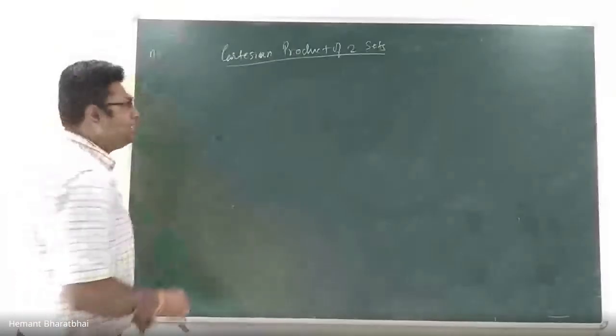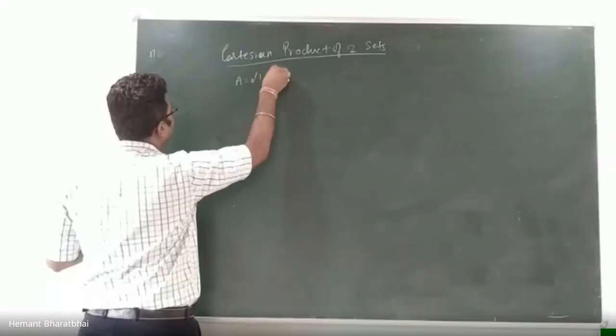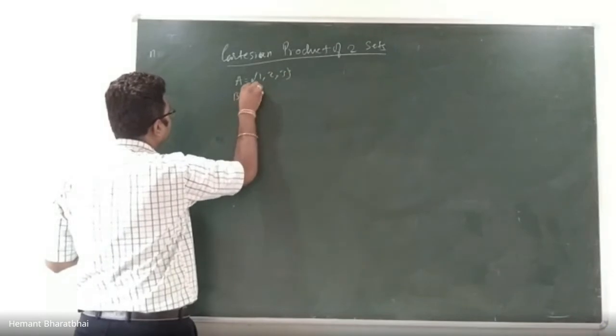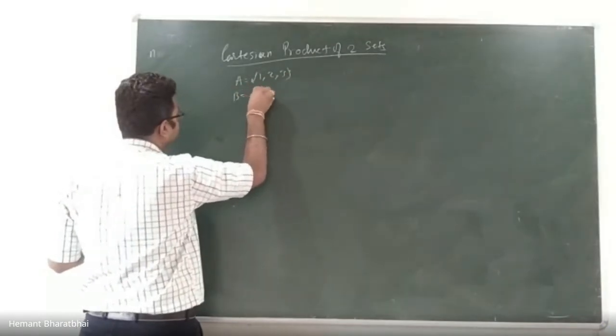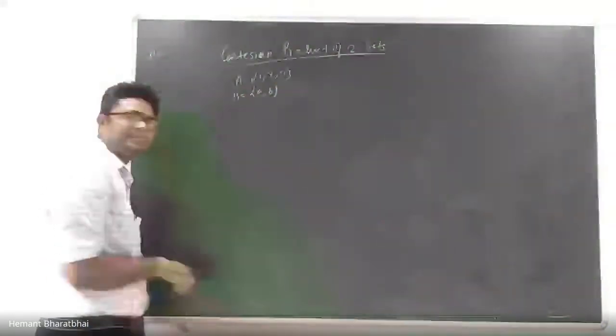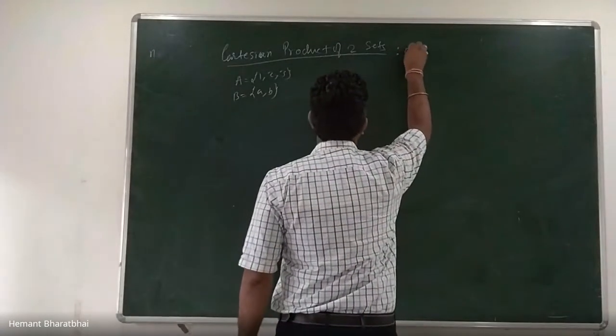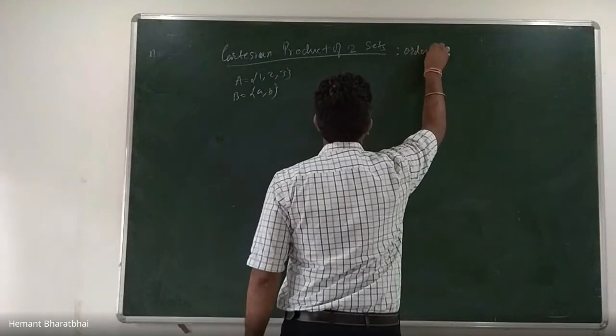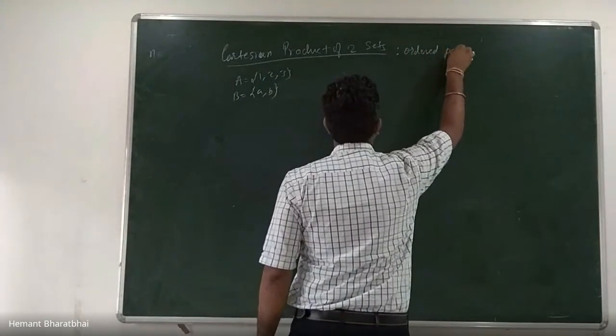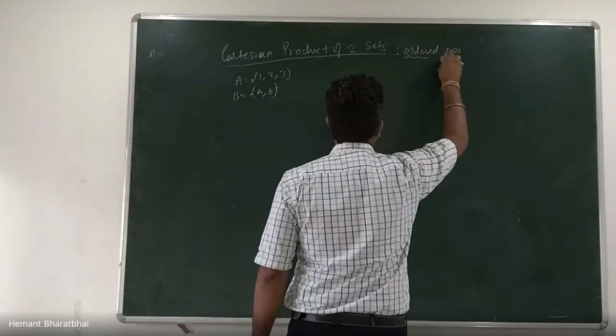What do you mean by Cartesian product? Suppose I have set A as 1, 2, and 3, and I have set B as A, comma B. So Cartesian product is nothing but ordered pair. Understand this word.